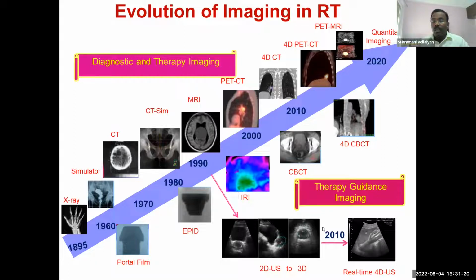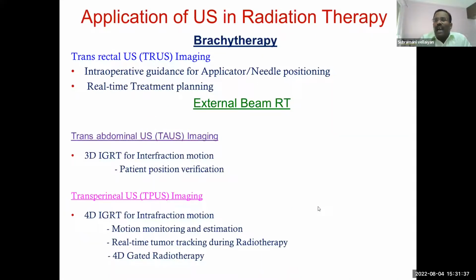That's the array of image guidance imaging tools in radiation therapy. In general, for ultrasound applications in brachytherapy and external beam, transrectal ultrasound imaging is used for intraoperative needle guidance, guiding the needle as well as the applicator. This image is also used for treatment planning.